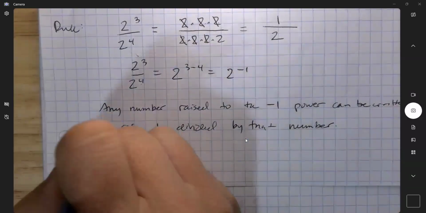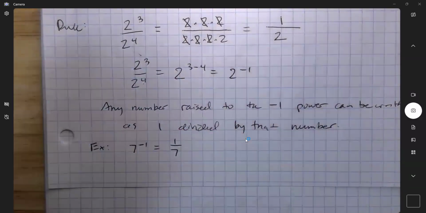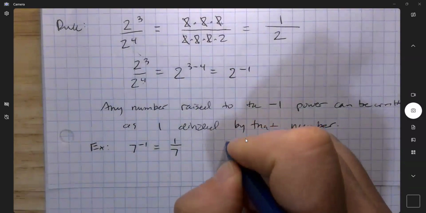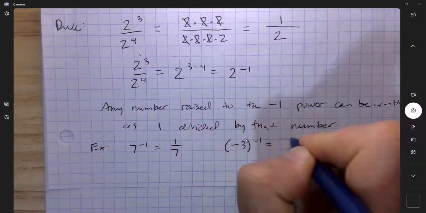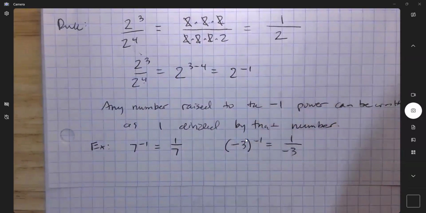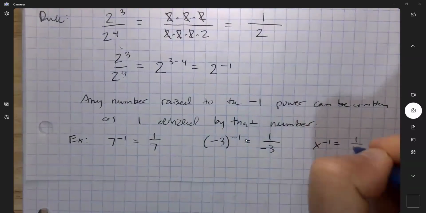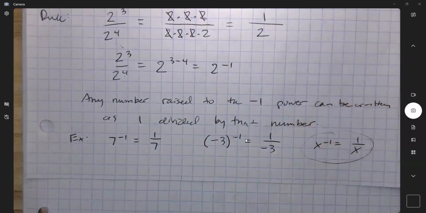So a couple examples. 7 to the -1, I can write as 1 over 7. I can even do this with negatives. -3 to the -1 is 1 over -3. And x to the -1 is 1 over x. This becomes very important. Any number raised to the -1 power can be written as 1 divided by that number.